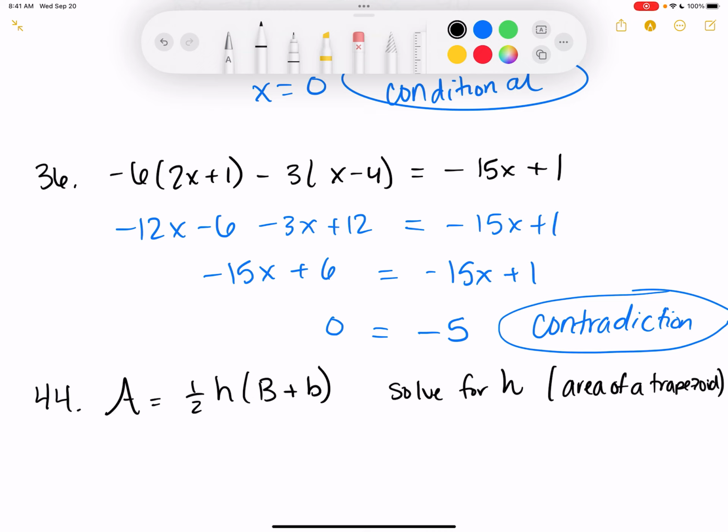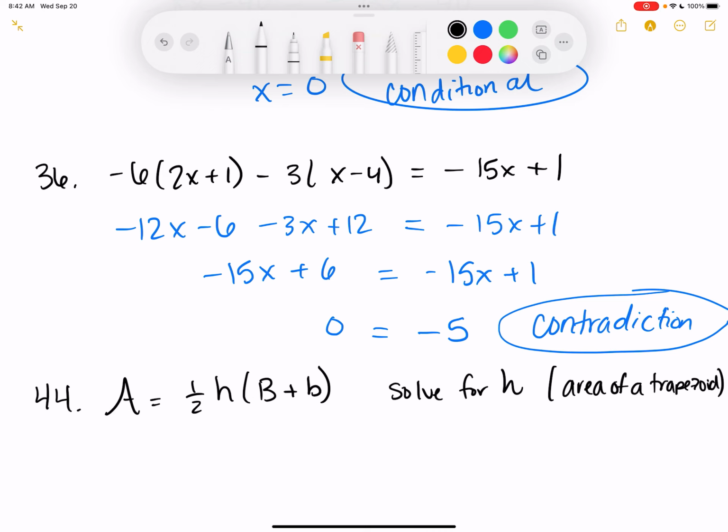So we're going to be moving stuff around to get h by itself. So I'm looking at everything that's happening to h, and I'm going to undo it to move it over. So h is being multiplied by 1/2, and it's being multiplied by this capital B plus lowercase b.